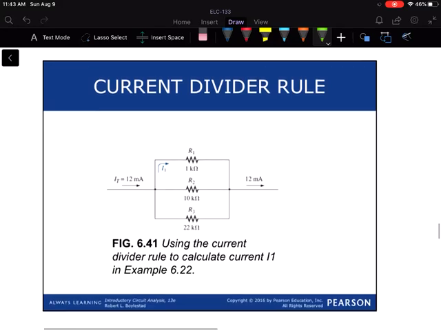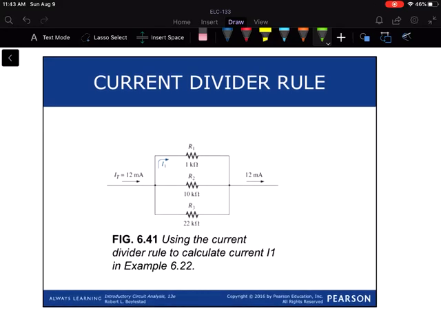And the current divider rule. Now the current divider rule is the opposite of what you learned for the voltage divider rule. The current divider rule tells us that the current through R1 to the total current coming into the current divider is equal to the ratio of the total resistance to the resistor value, or I1 is equal to RT over R1 times IT.